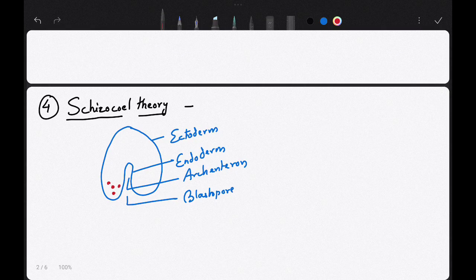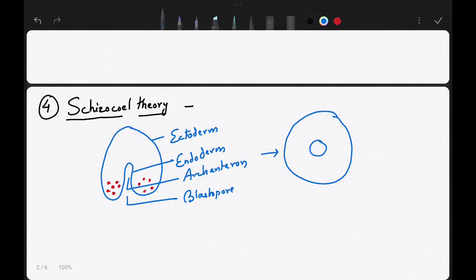Okay, and the splitting of these mesodermal cells will give rise to the formation of coelom. Understood? This archenteron will form the gut, and mesodermal cells will form the coelom.